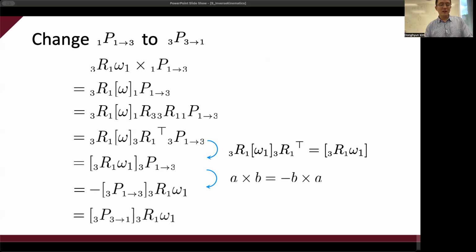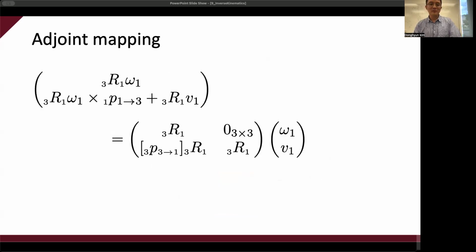So we are almost there. And we just flip the sign, because so far this vector is pointing from 1 to 3, but we need 3 to 1. Then we end up with a P cross product form times R times angular velocity, which makes our adjoint mapping nice and concise. And at the end, our adjoint mapping 6x6 matrix is going to be this. We call this the adjoint.